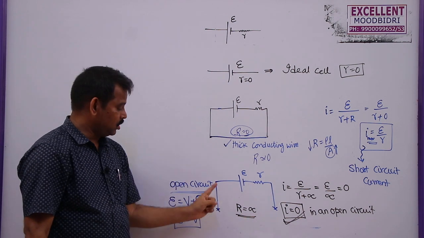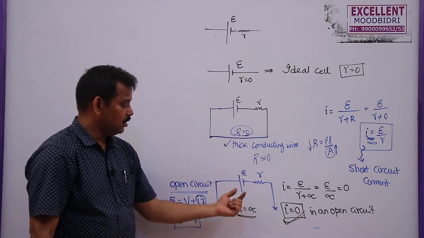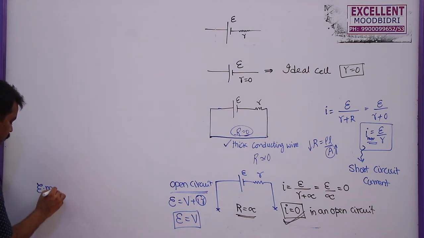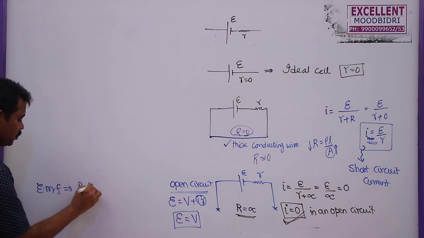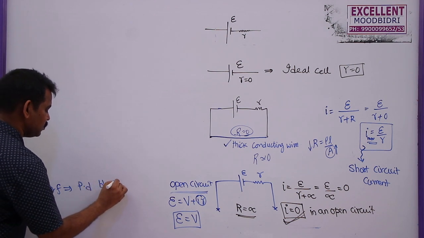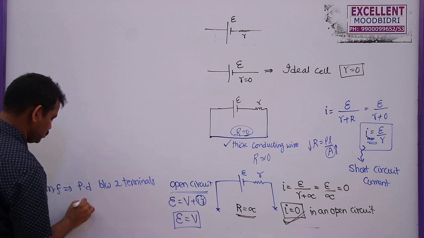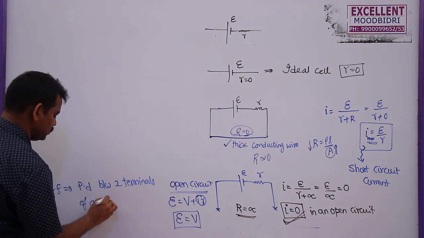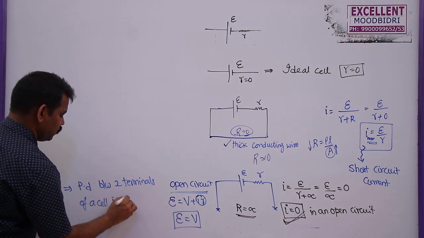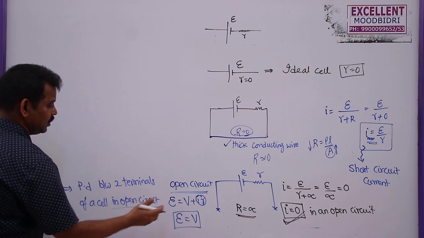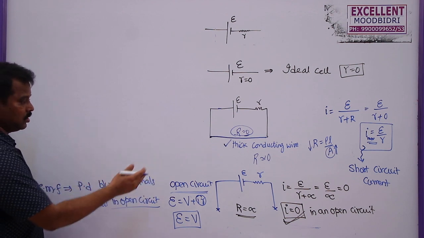So the potential difference between the two ends of the cell in open circuit is called EMF. We can write: EMF is the potential difference between two terminals of a cell in open circuit, when it is not sending any current through the circuit.